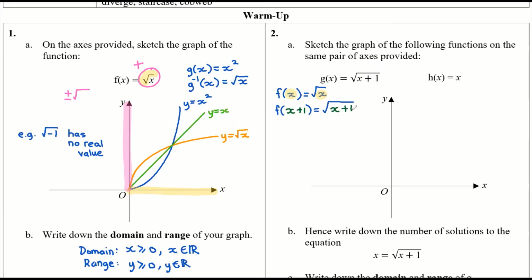Now that means that g of x is, of course, f of x plus 1, as I've just defined it. And that is a translation of f of x. So because it's f of x plus 1, I have to shift my graph 1 unit to the left. I'm just thinking aloud, thinking my thoughts on the board here, the kind of things you should probably be thinking when you're sketching these.